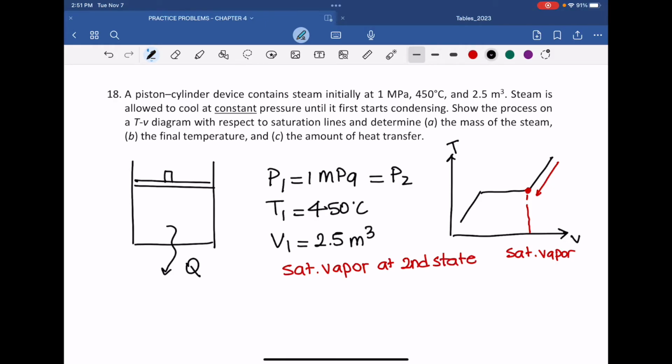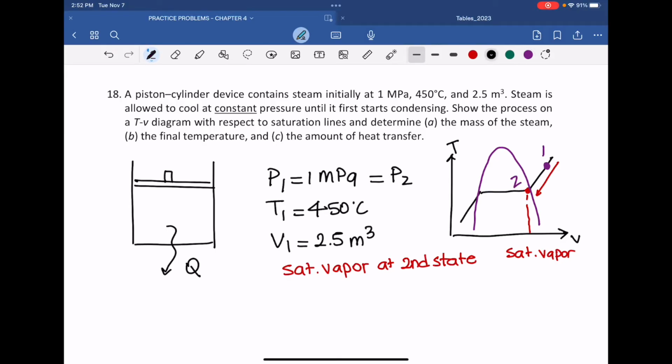Okay, now very good. So we actually graph the P-v diagram here, because initially we have superheated and now we have saturated vapor, and this is our dome saturation lines, and here is from first state to second.